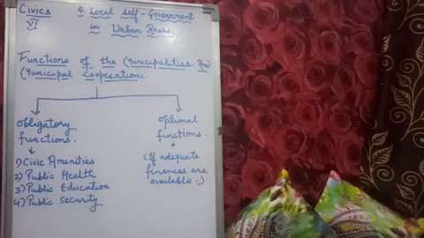Okay. So students, in the previous video we have studied the structure of the municipal corporations. In which we have studied about the metropolitan cities, how they are governed by the municipal corporations.